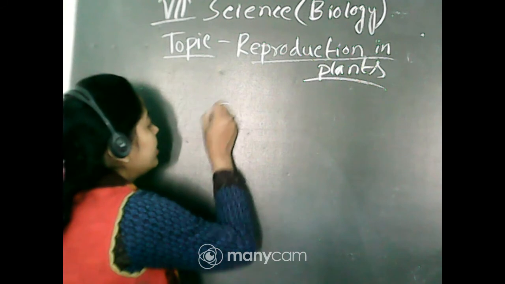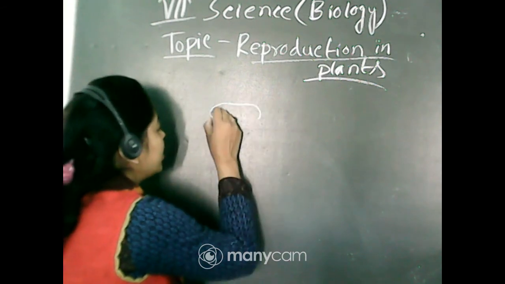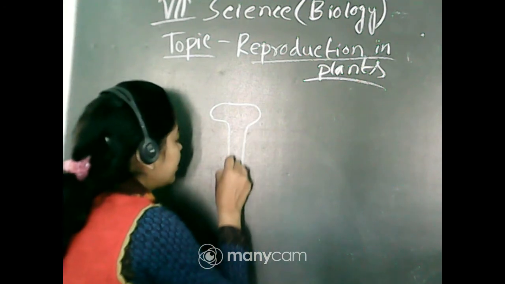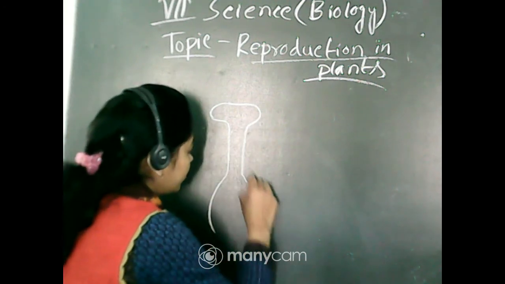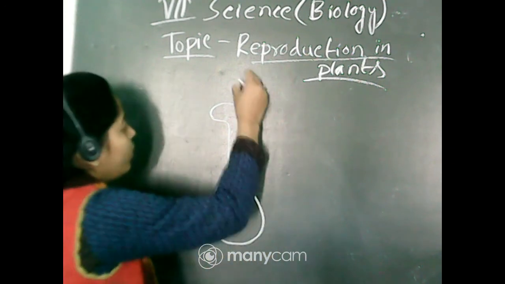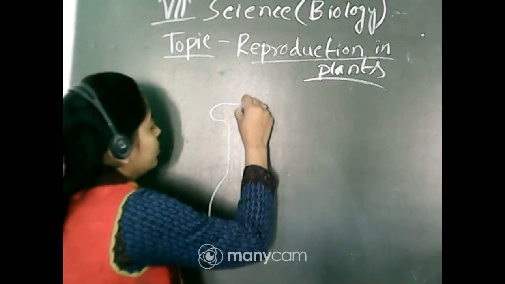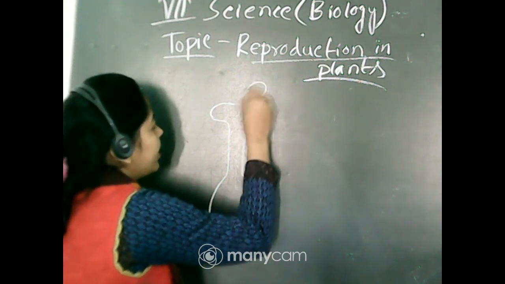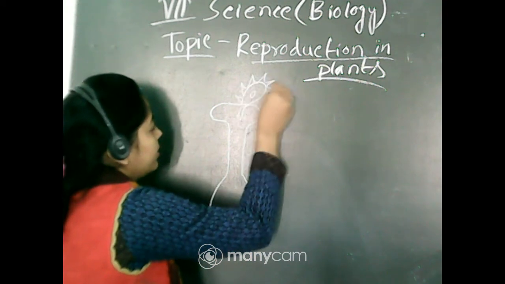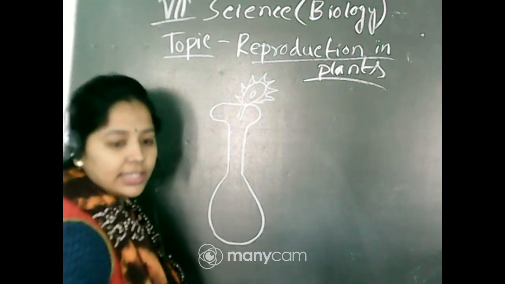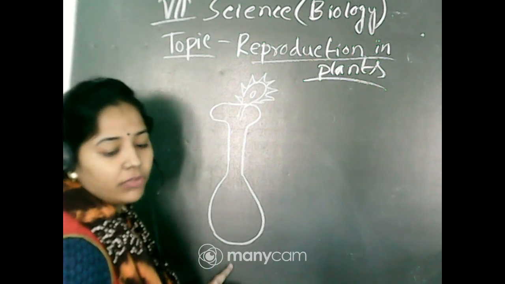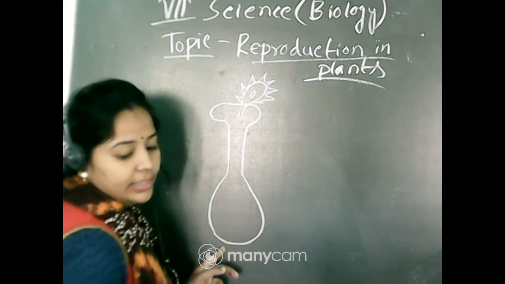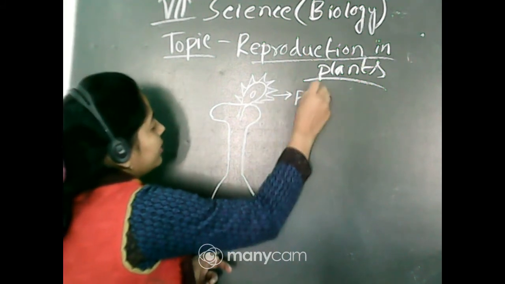If I try to draw the picture, this is a picture of a pistil, and the pollen grain comes to this portion. Pollen grains under a microscope look like this type of structure, and this is the pistil of a flower, the female reproductive part. This is called a pollen grain, and it is germinating.